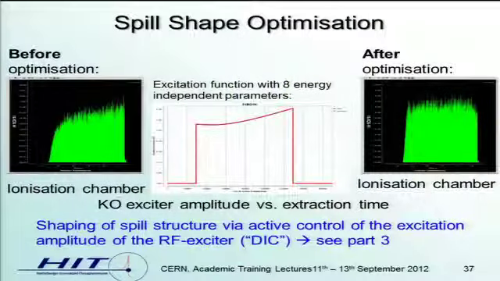Okay, so as I said, we need a very good DC beam. And well, the first idea was how can we come from a normal shape, which has maybe a little bit sinusoidal or a triangular shape or something like that.